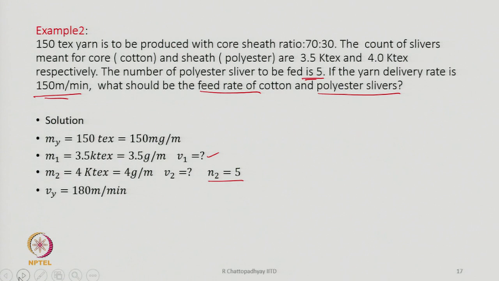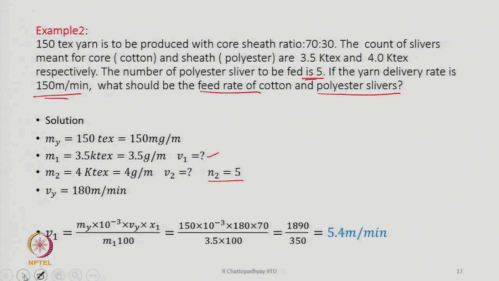And the yarn delivery rate from a commercial point of view has been decided to be 180 meters per minute. So, if it is 180 meters per minute, I think we have to make a correction here. This should be 180 meters per minute.